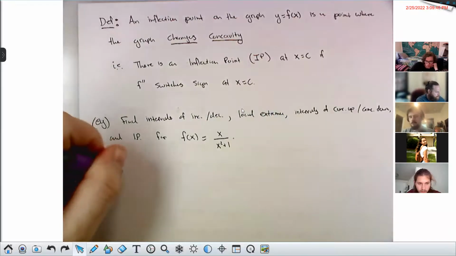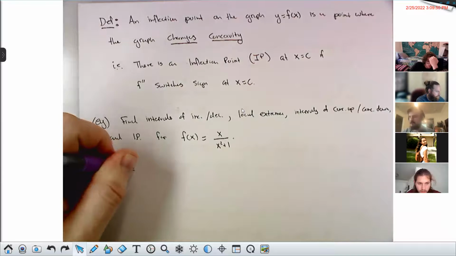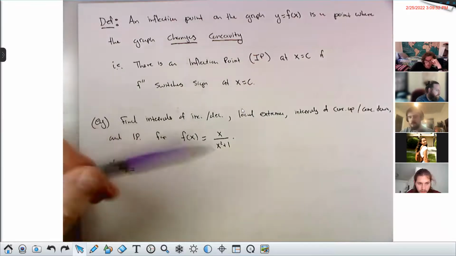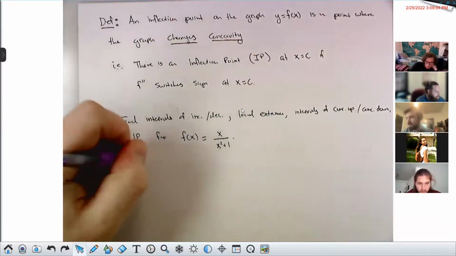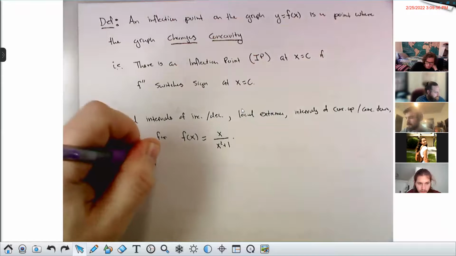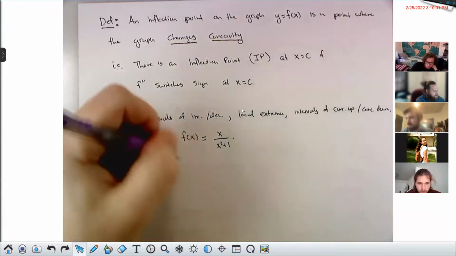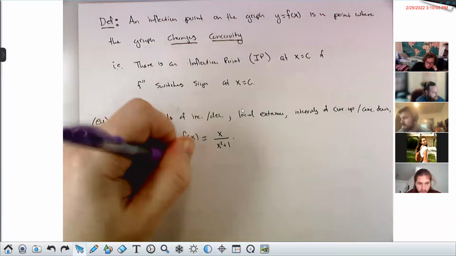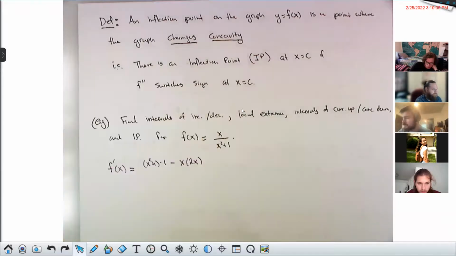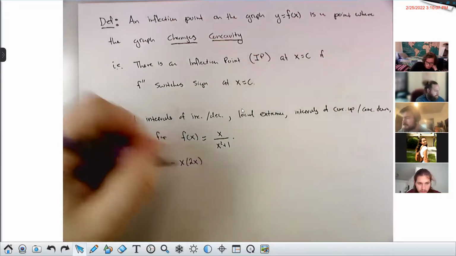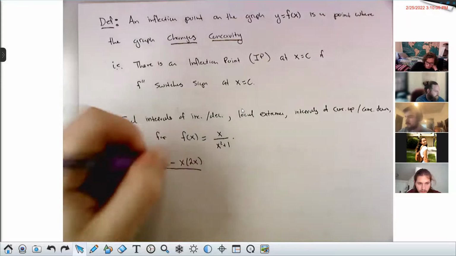So f prime here, we can calculate it using the quotient rule. There's no harm in that. That's the bottom times the derivative of the top, minus the top times the derivative of the bottom, divided by the square of the bottom.